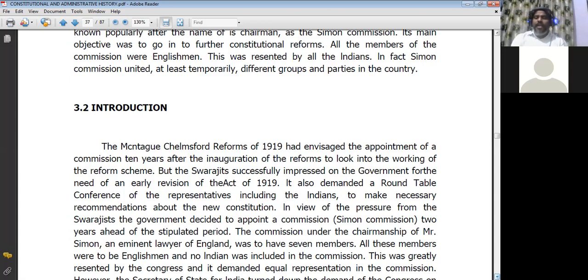It also demanded a roundtable conference of representatives, including Indians, to make necessary recommendations about the new constitution. In view of the pressure from the Swarajists, the government decided to appoint a commission 2 years ahead of the stipulated period.